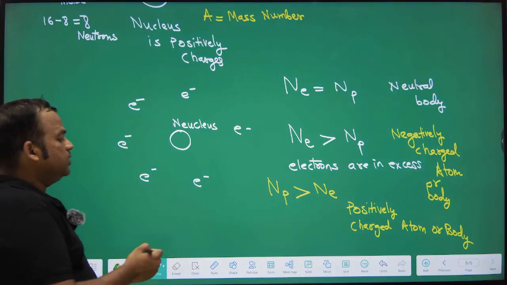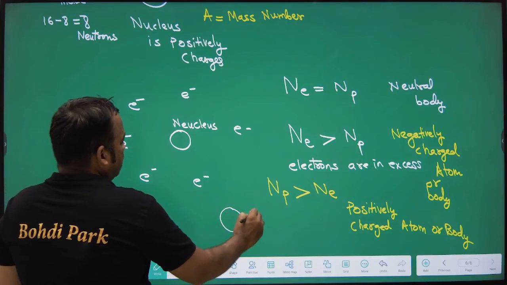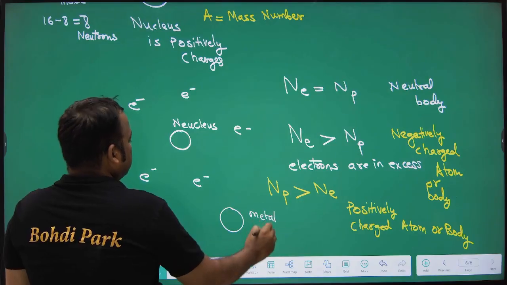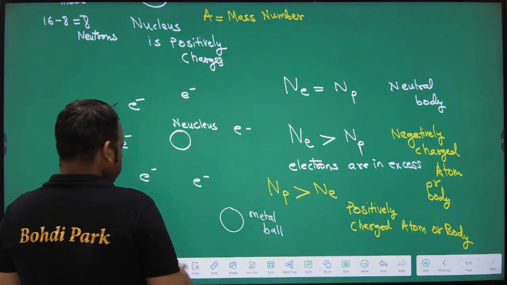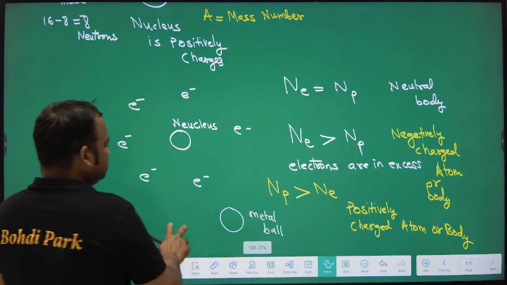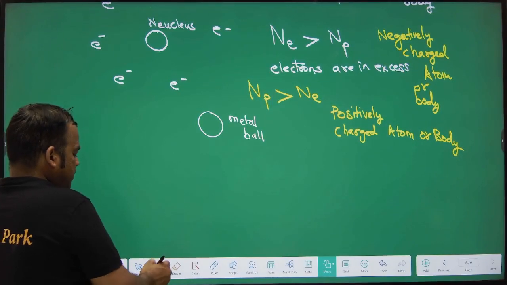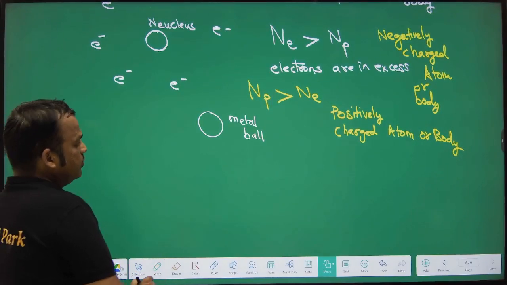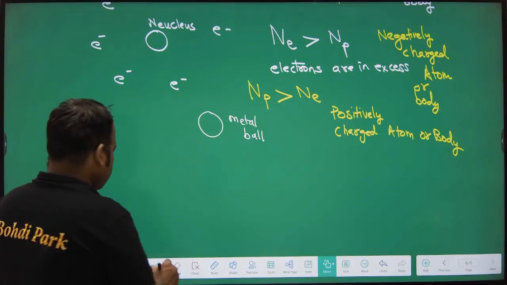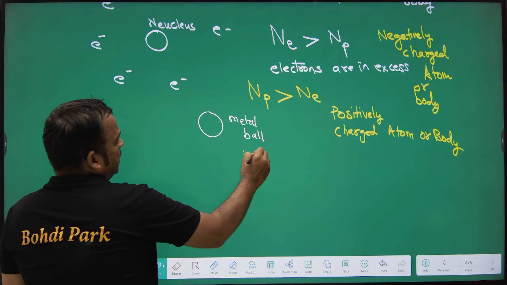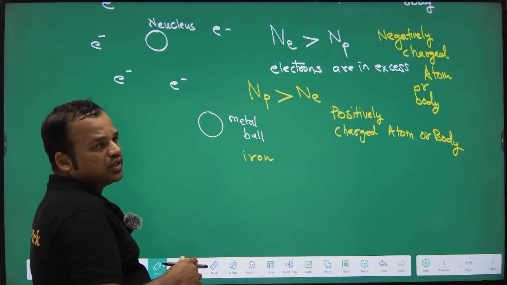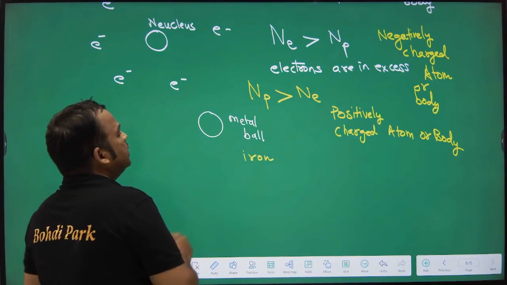For example, I'm holding a metal ball. Let's say this metal ball is made up of iron, so you can call it a conducting metal ball.